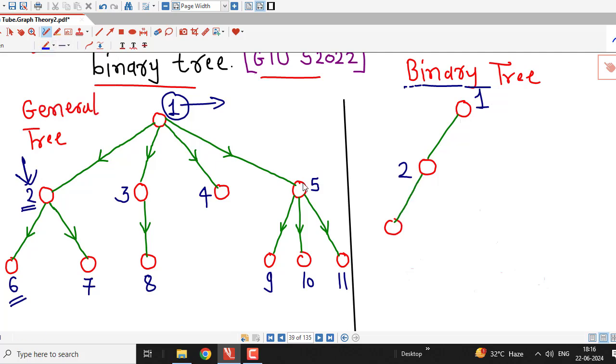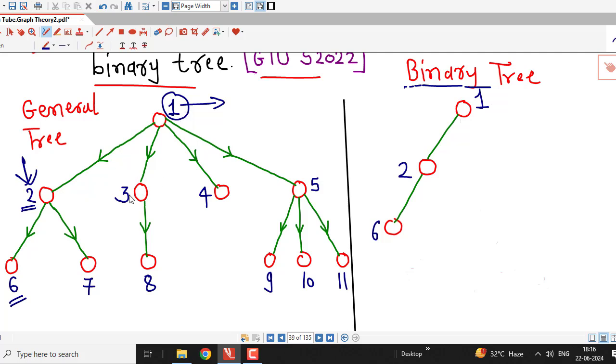6 is the leftmost child of 2 in general tree. Therefore 6 is the left child of 2 in binary tree. Now right child of 2 is nothing but right sibling of 2 in general tree. So here siblings of 2 are 3, 4 and 5, because they are the children of same vertex 1.